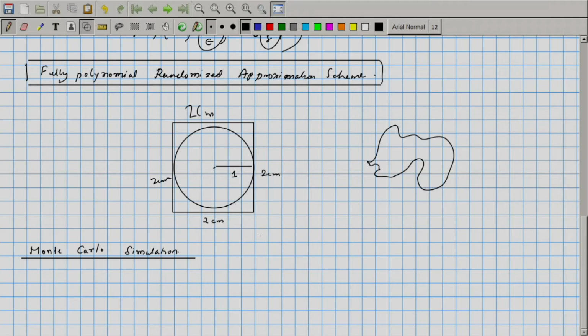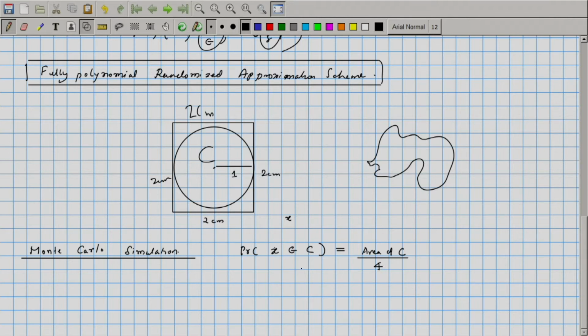So, if we randomly choose a point from the square, let us call the randomly chosen point x, the probability that x belongs to C is equal to the area of C divided by the area of the square, which is 4.